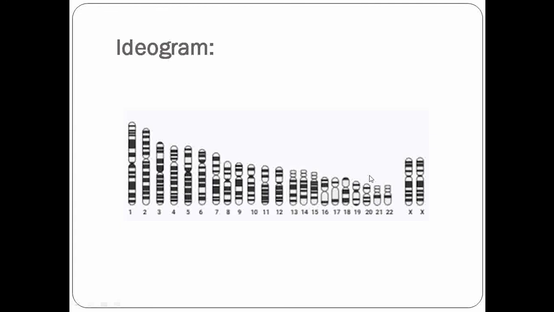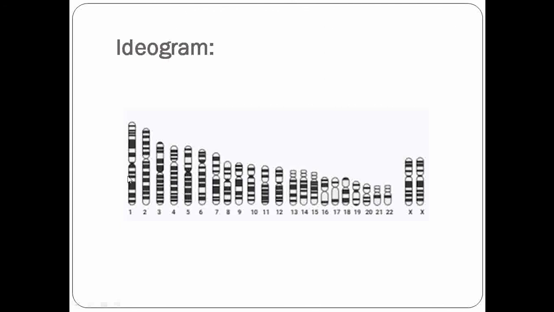From the middle of the graph paper, you have to draw the ideogram according to the decreasing length of the chromosomes. This is the most important one. Okay, so see here, these are all 22 chromosomes. If you observe here, they are in decreasing order. So what you have to do?